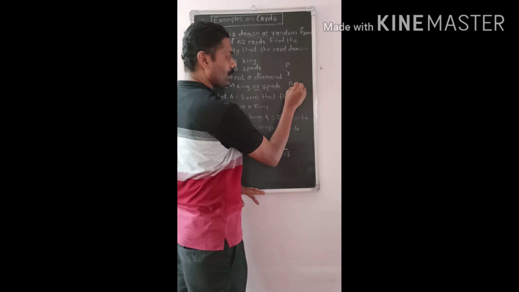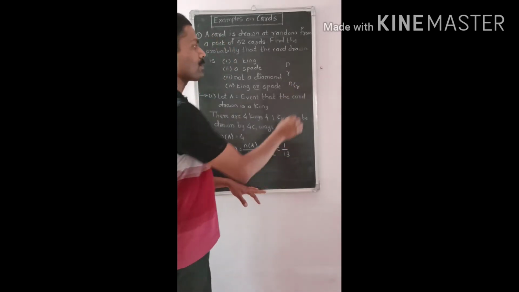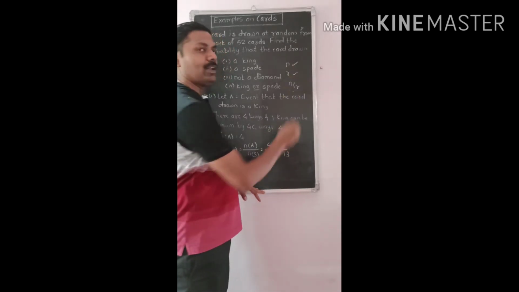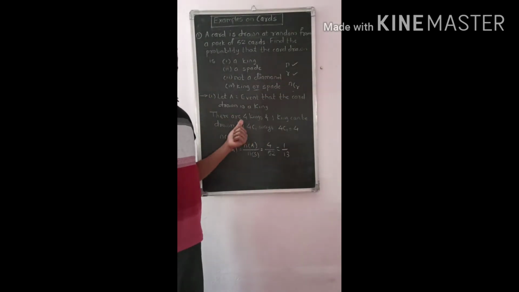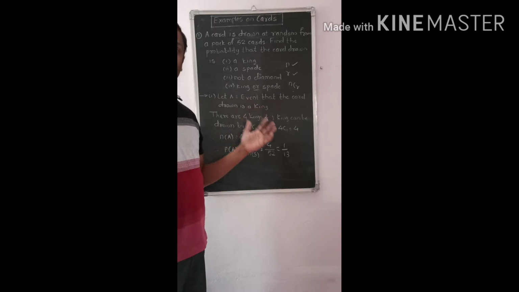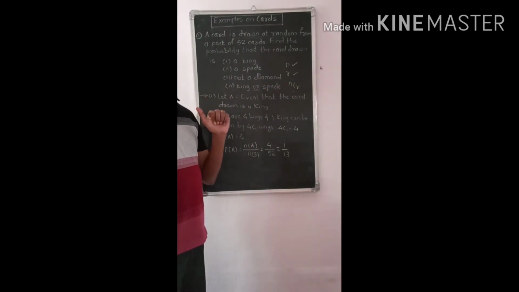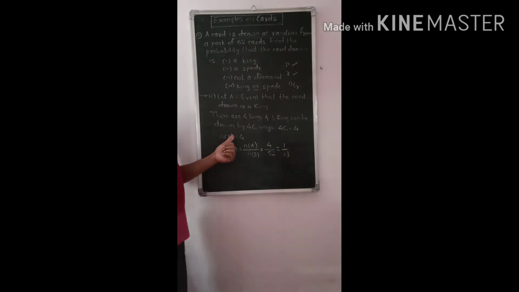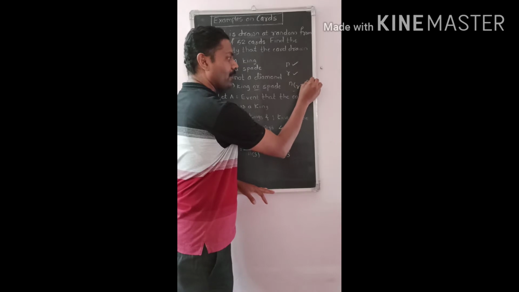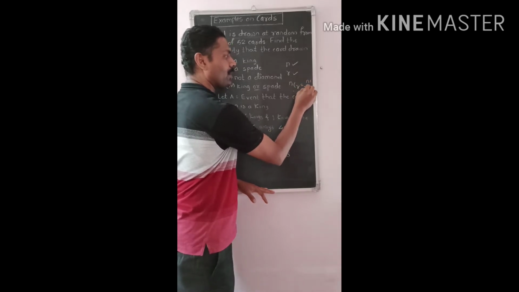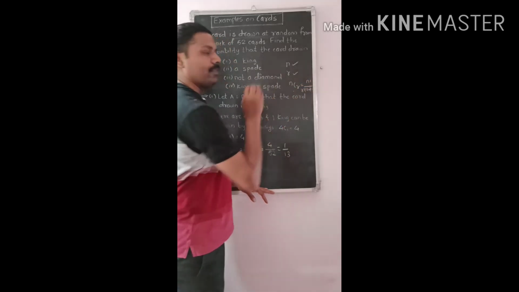We have the formula nCr, and for that purpose we require only two values, the value of n and the value of r. In this case n is 4, since the total number of kings is 4, and we have to draw only one king, so r is 1 here. So we have the formula nCr is equal to n factorial divided by r factorial into n minus r factorial.